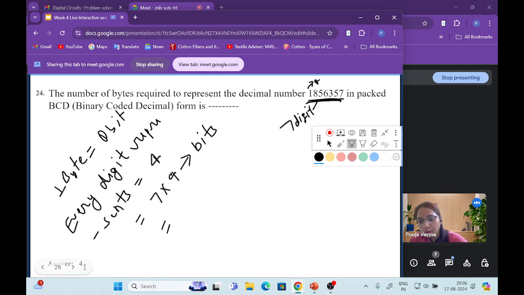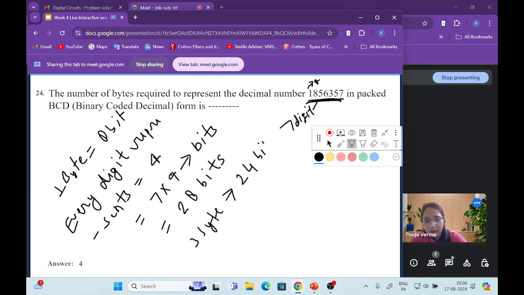So total number of bits is 28 bits, right? And 1 byte is equal to 8 bits. So how are 28 bits represented? If we take 3 bytes, 3 bytes represent only 24 bits, right? And for the other 4 bits, since there are 28 bits, we need to take another byte.